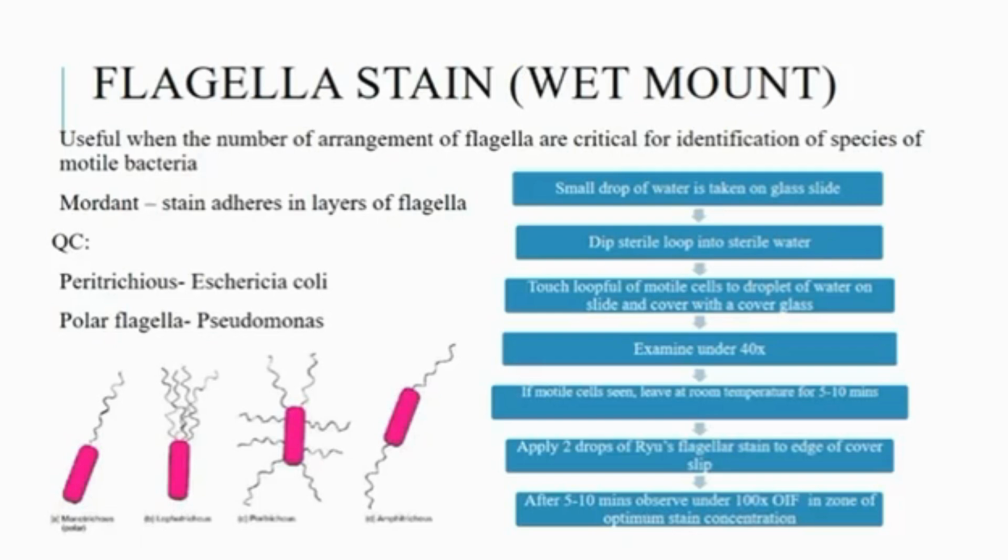If motile cells are present, leave at room temperature for 5 to 10 minutes. Then apply 2 drops of Ryu's flagellar stain to the edge of the cover slip, and after 5 to 10 minutes, observe it under the oil immersion field in the zone of optimum stain concentration. So we will see Escherichia coli, which has flagella, if we are preparing the mount of Escherichia coli.